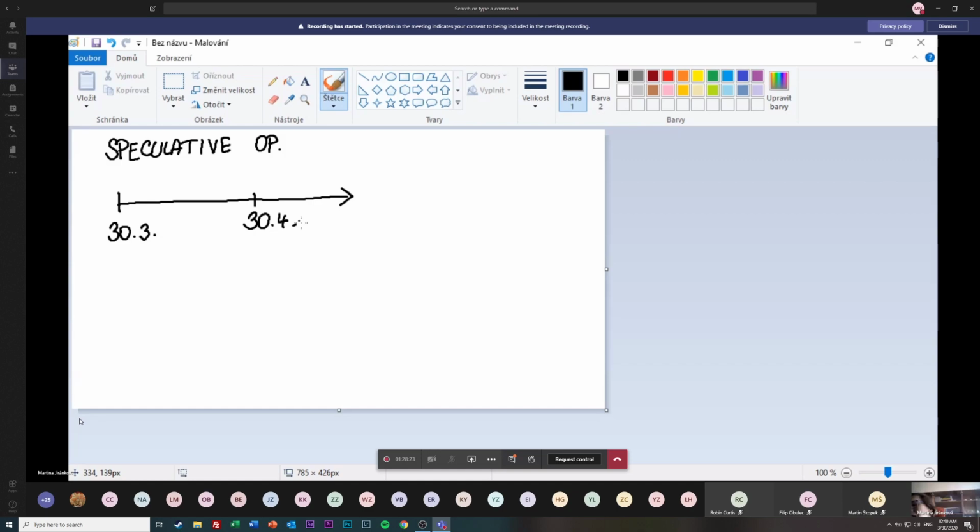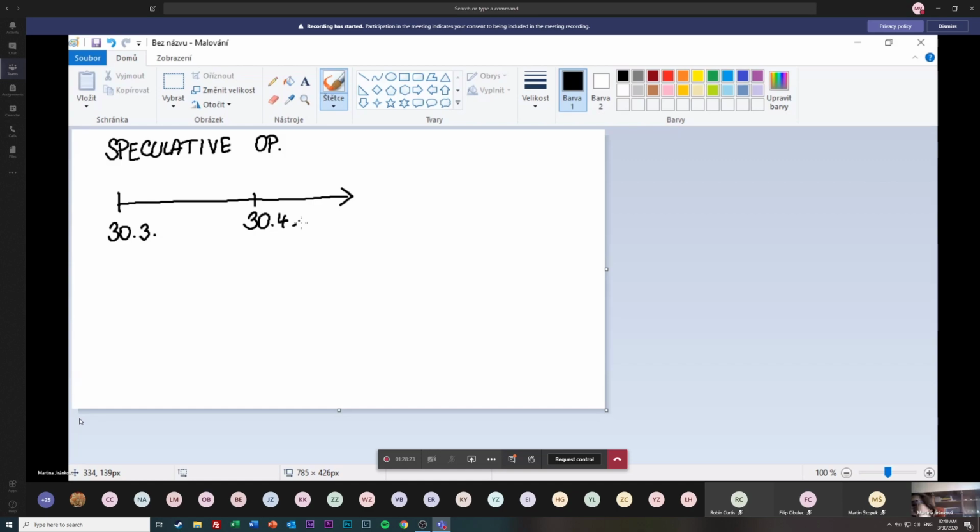And I am a speculator and I expect an increase in the spot rate to 35, but this is my speculation, you know. And I also know the spot rate today is 33.